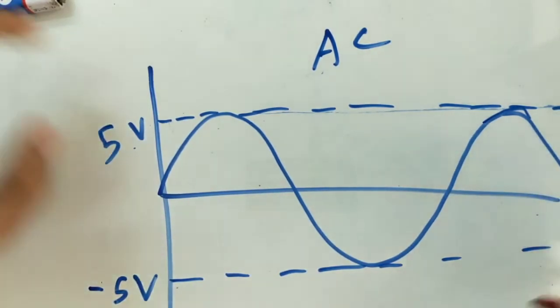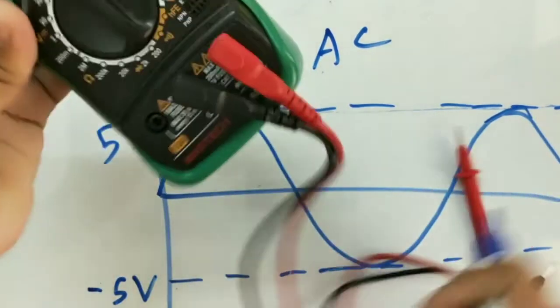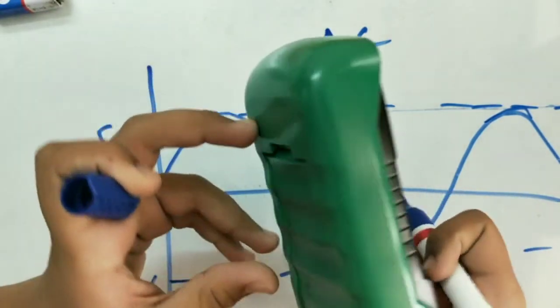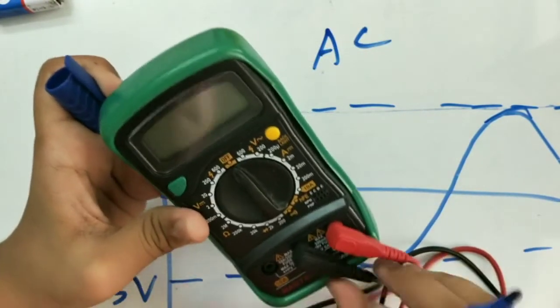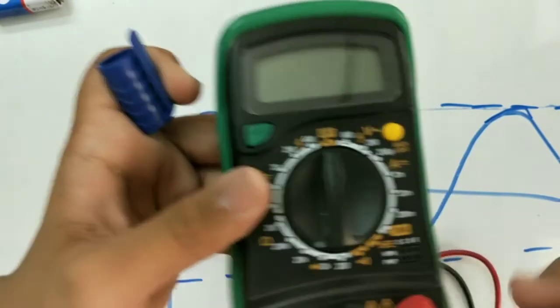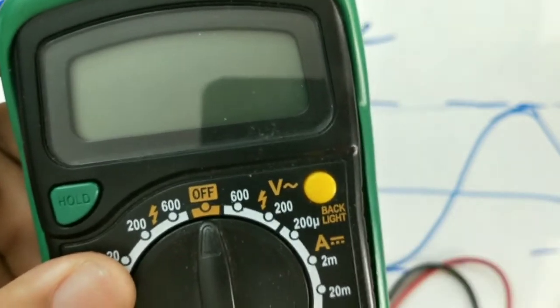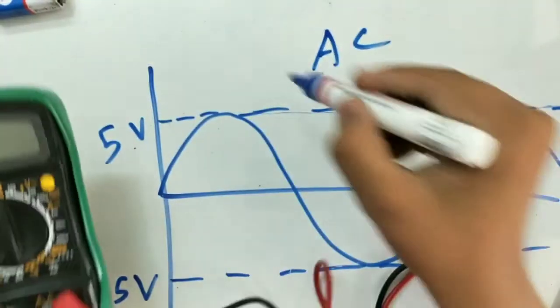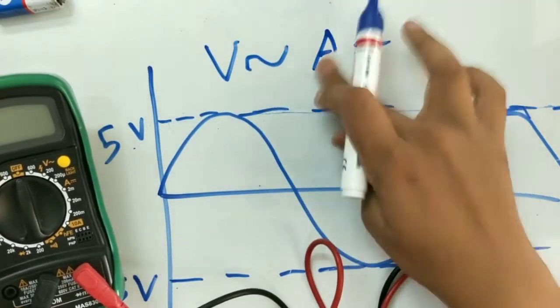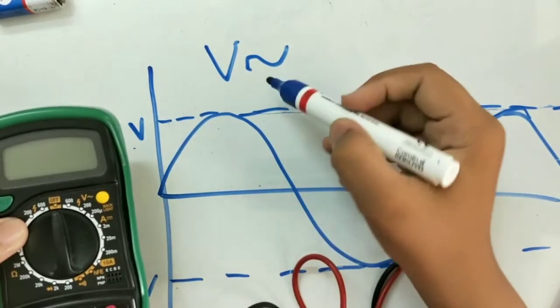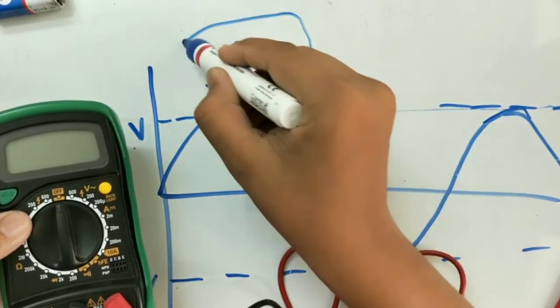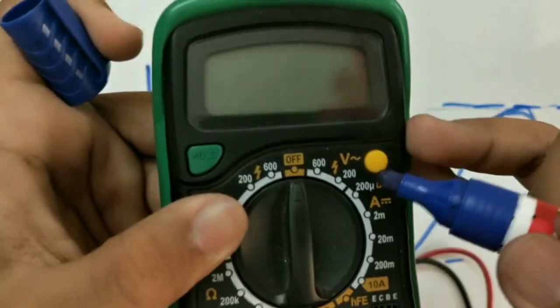This AC can be measured using a multimeter like this. It's not a normal one, it's a little bit expensive. Here you can see a V and a line like this. This shows an AC line.